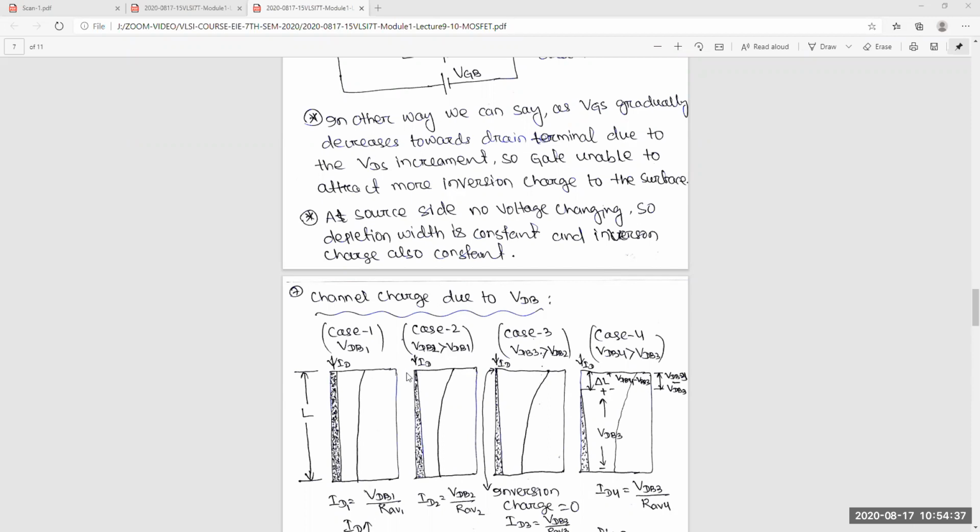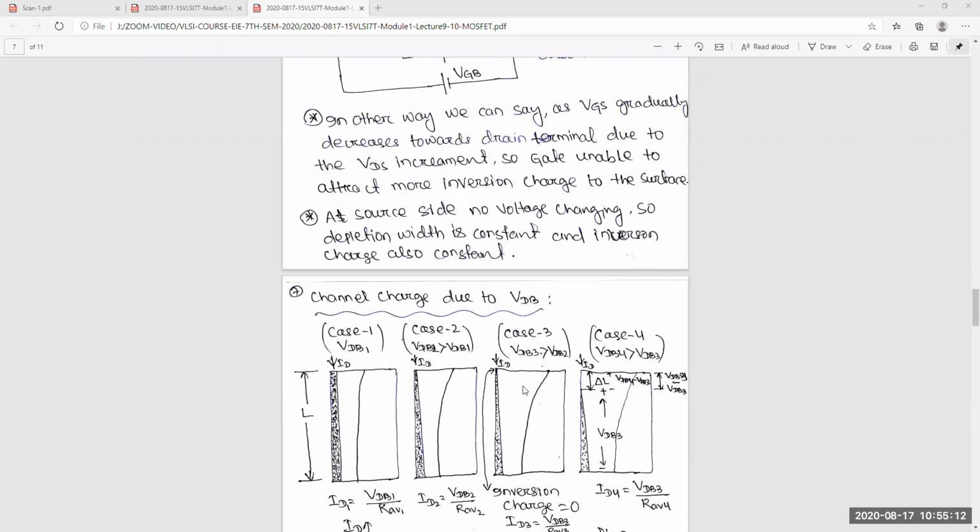First of all, the drain to source voltage will be more than in the previous case, and also the resistance is also more. But comparatively, the increment of resistance is not that much. So that's why ID2 you will get as VDB2 by R average 2. So that thing we'll discuss, what is R average 1, R average 2.